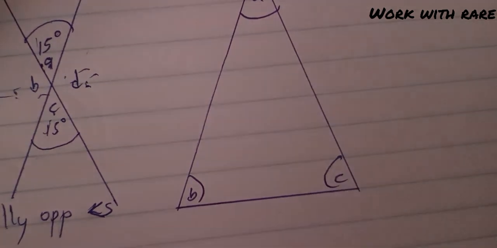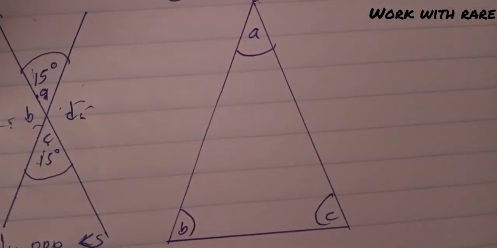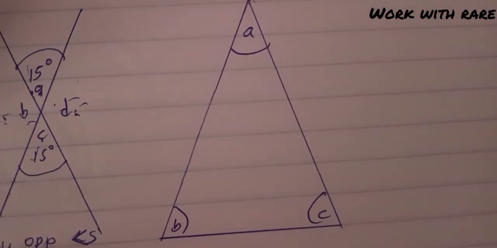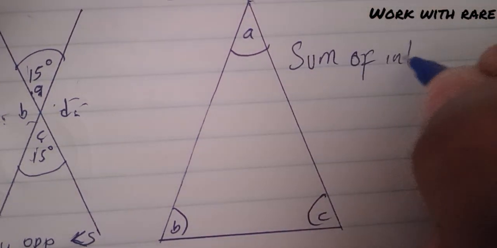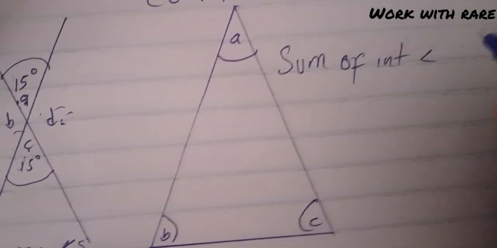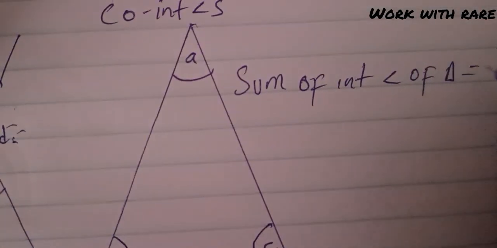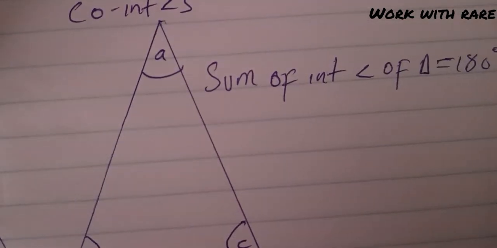Today I'm not doing questions, I'm just showing you the basics. So this is a triangle. When it comes to geometry, the law says the sum of interior angles of a triangle is equal to 180 degrees.